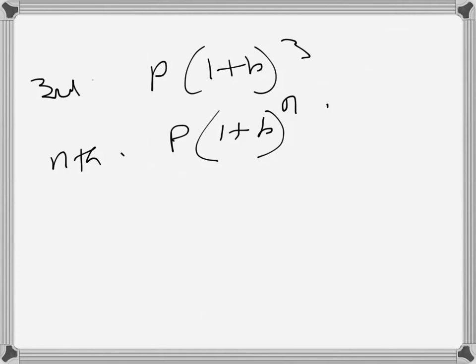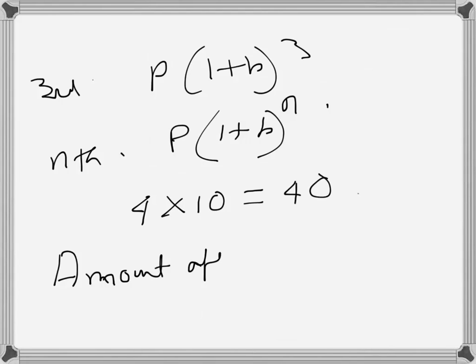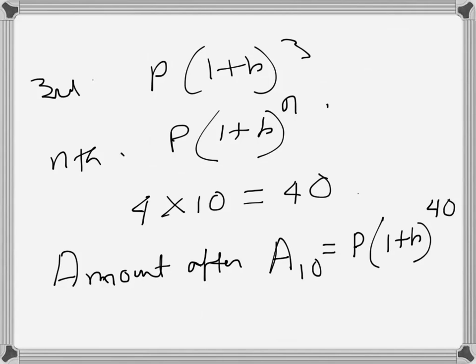In 10 years, if the interest is paid quarterly, in 1 year there will be 4 payments, so in 10 years there will be 4 times 10, that will be 40 payments. So the amount after 10 years, if we call it A10, will be P(1 + R) to the power 40, because there are 40 quarterly payments.